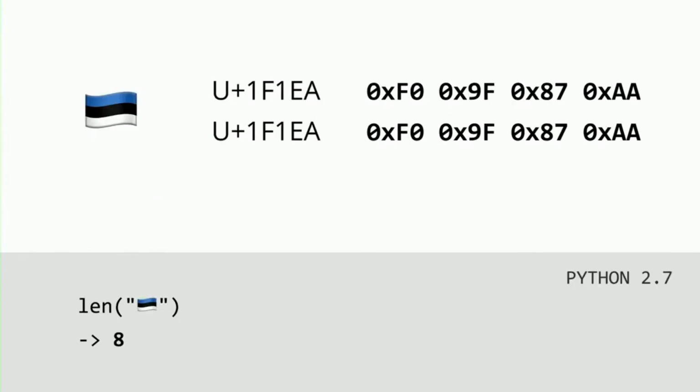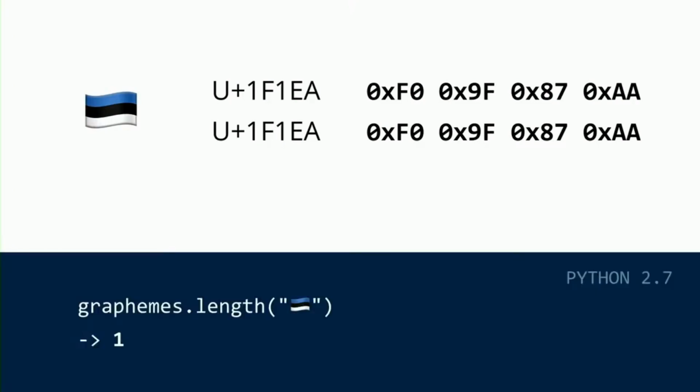Python 2.7, however, will tell you it's 8 bytes. But you can kind of fix that. By the way, Python 3 says that's 2 characters still. You can fix that by using graphemes. So this is a Python 2.7 library, but Python 3 libraries exist, and libraries exist for most languages that have the ability to recognize graphemes.